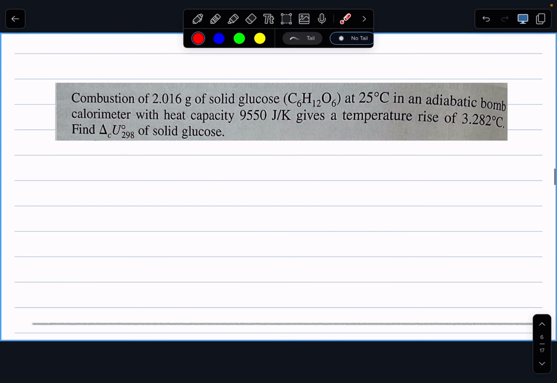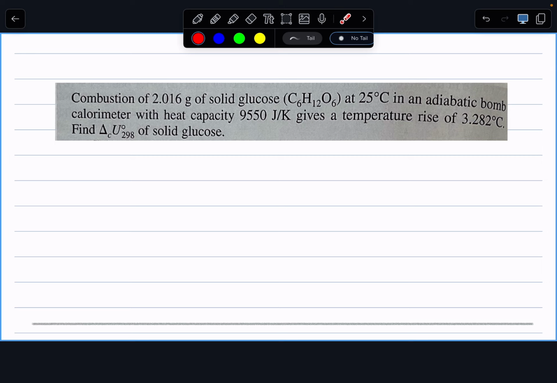So here's the problem. It says combustion of about 2.016 gram of solid glucose at 25 degrees Celsius in an adiabatic bomb calorimeter with heat capacity 9550 joule per Kelvin gives a temperature rise of 3.282 degrees Celsius, and asks us to find the delta C U naught 298.